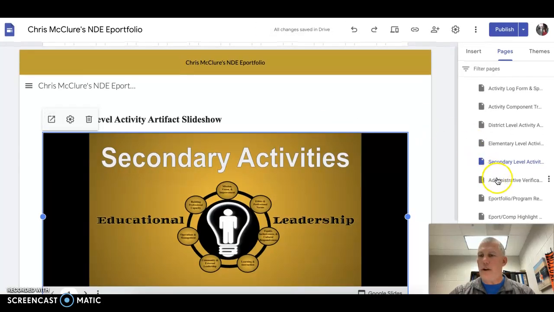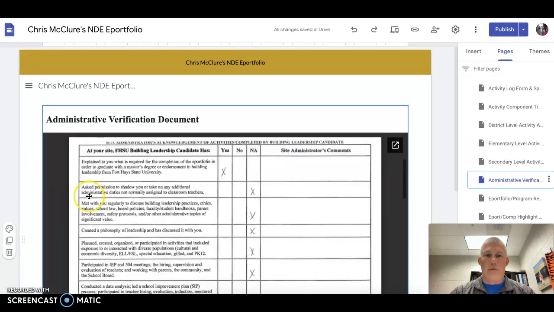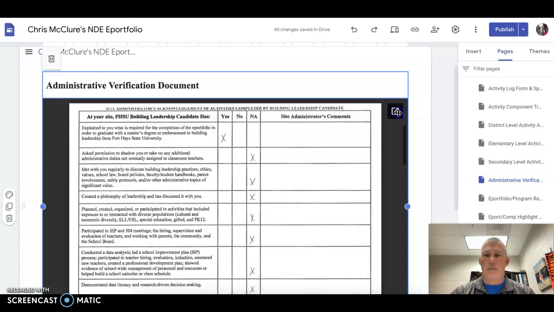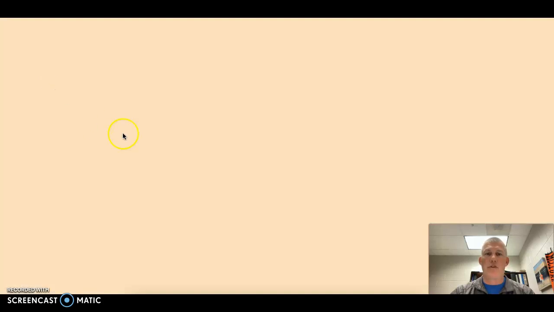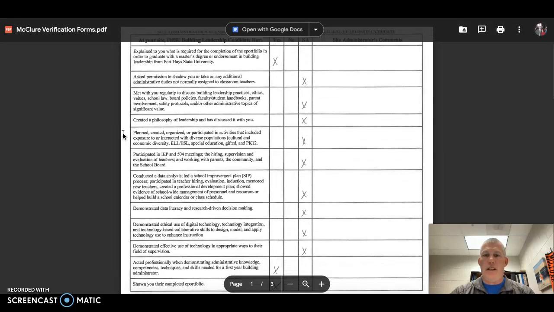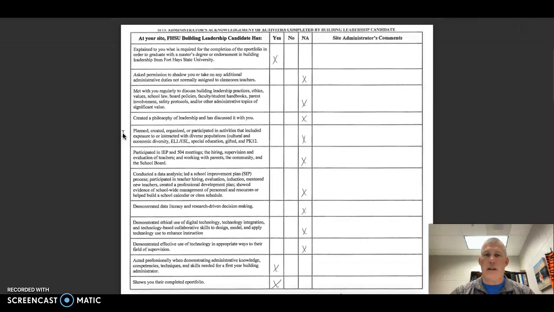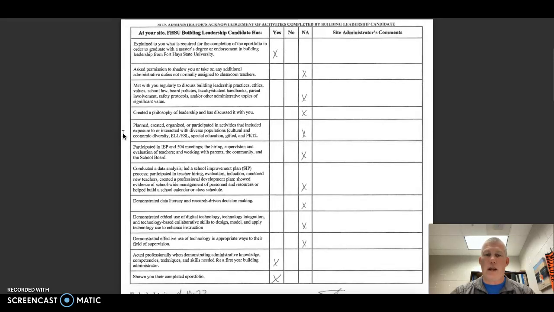Then the administrative verification forms. Again, the first one I have here is from our elementary school principal, Soderstrom Elementary. Good guy, but you can see he did not have a lot of supervision of me, or did not see a lot of what I did.